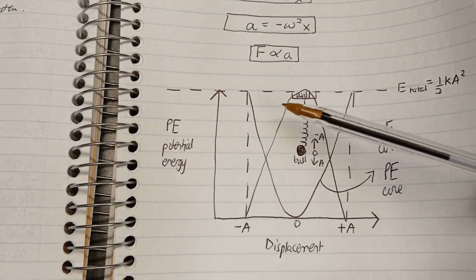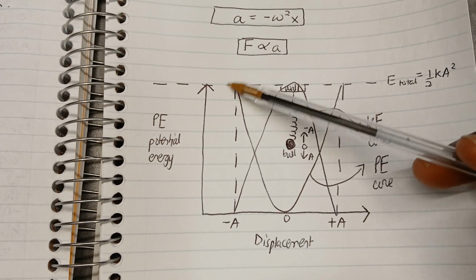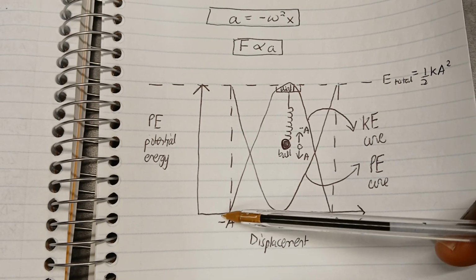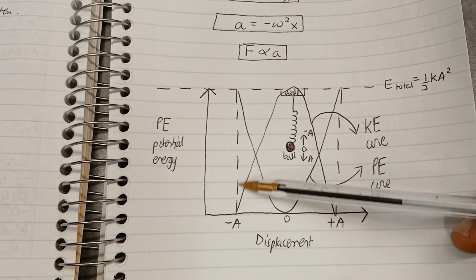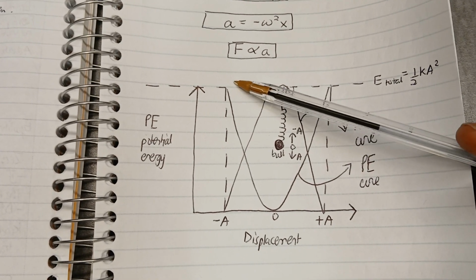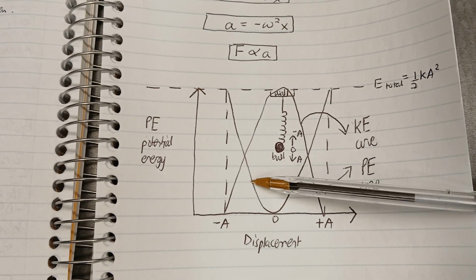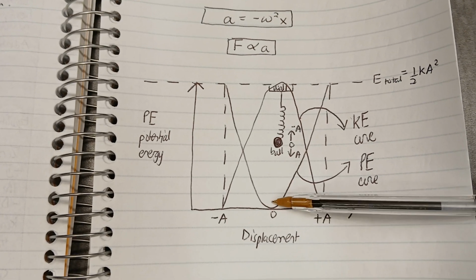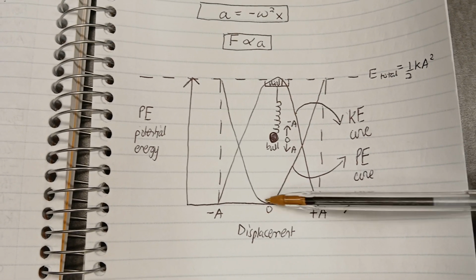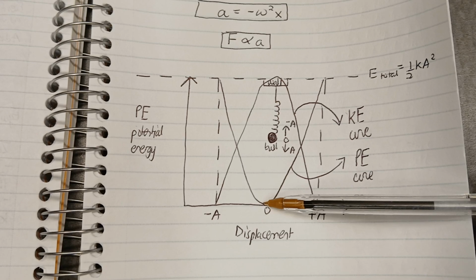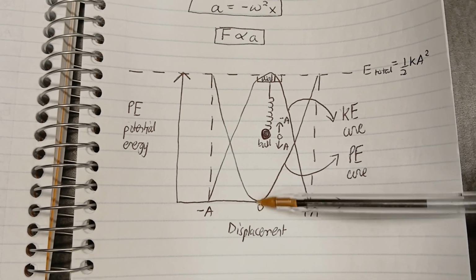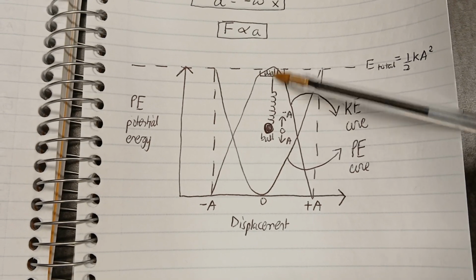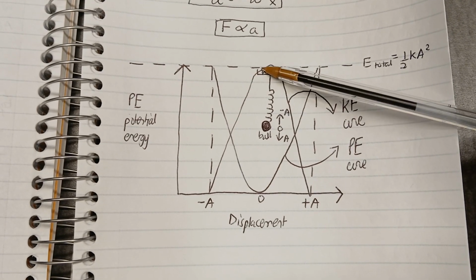This means that when potential energy is at its maximum, kinetic energy is the lowest. As the ball moves from its extreme to the middle position, or the mean position, it's full on in motion. So potential energy is at its minimum, because the ball is not going to be stopping at that point, but kinetic energy is going to be highest.